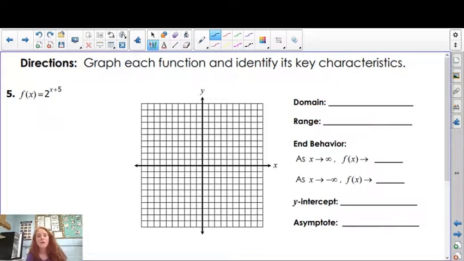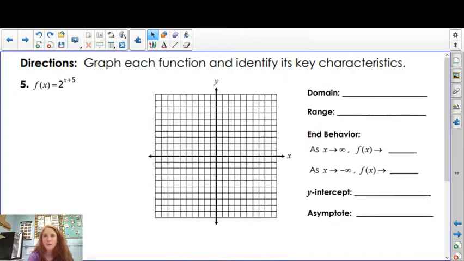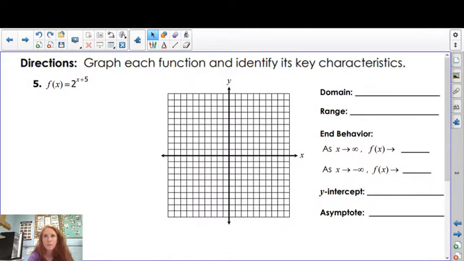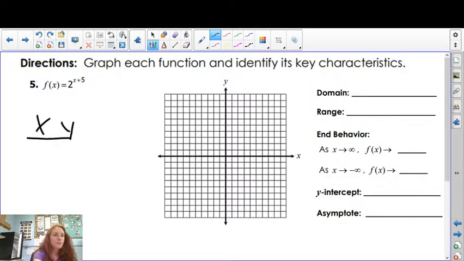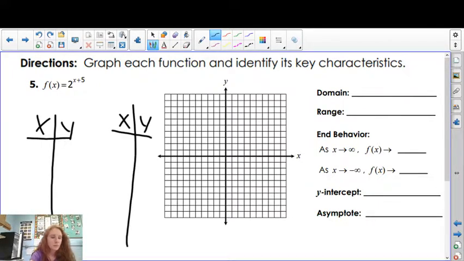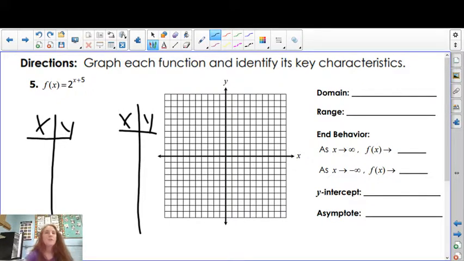All right, we are going to graph each function and then identify some stuff going on with it. I'm going to see if I can move this slightly since my picture's on the left. So we are going to create 2 XY charts. The first XY will be based on the base, which is used for identifying the parent function, which is why we're going to keep that color there.